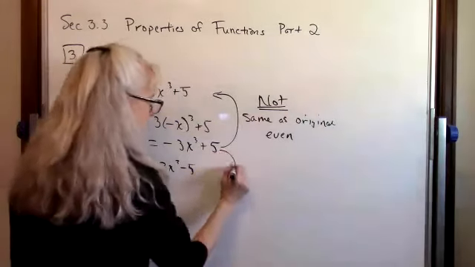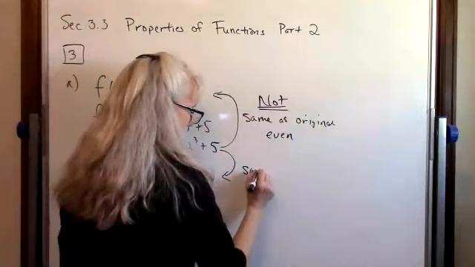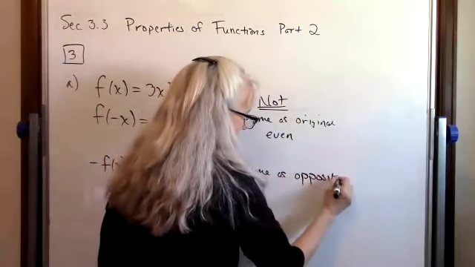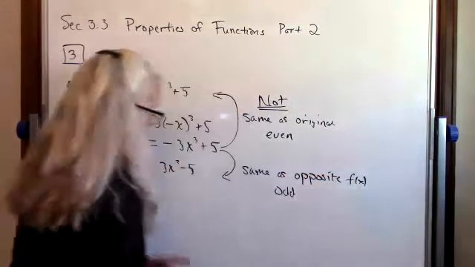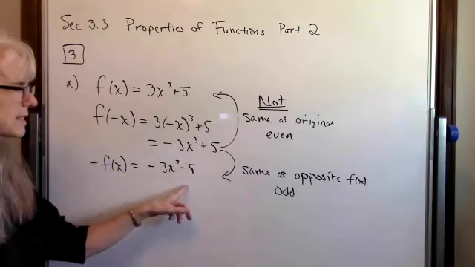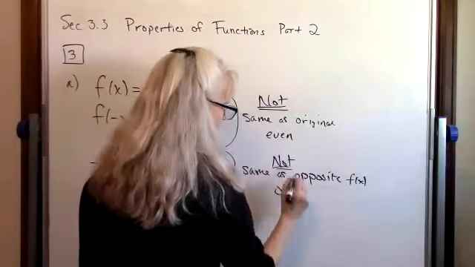If it's the same as the opposite of the function, it's odd. Well, this and this are not the same. The sign on the first term is correct, but the sign on the second term is not. So it is not odd either.